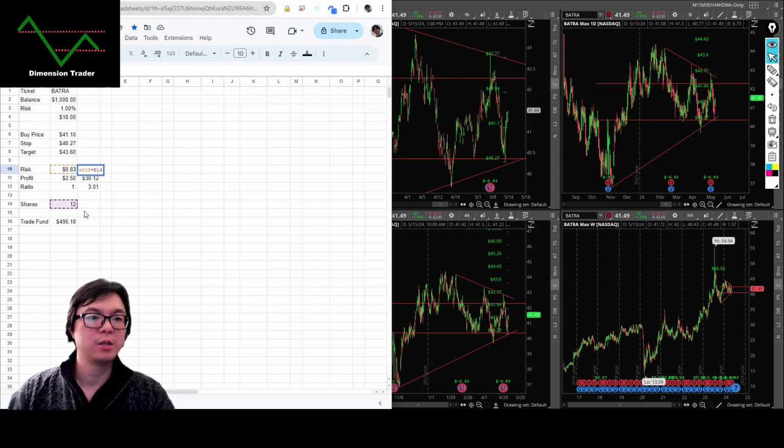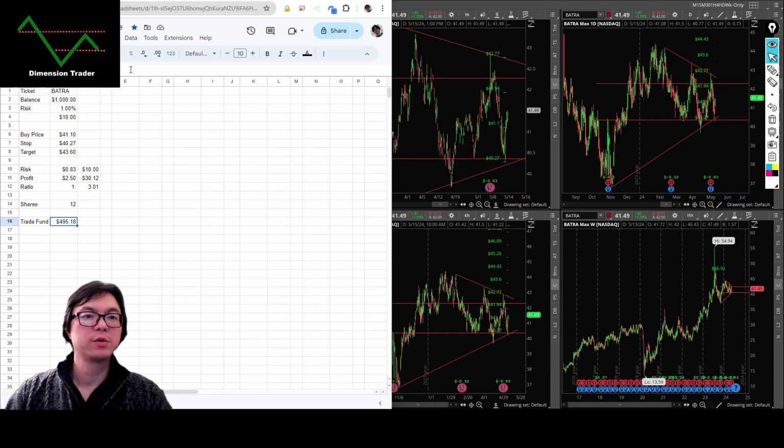This is equal to how many shares we're going to hold, by dividing the $10 by 0.83. So our total shares we can purchase will be 12 shares. Our profit is profit times shares, 12. So we are going to risk $10 to make $30 in this case.